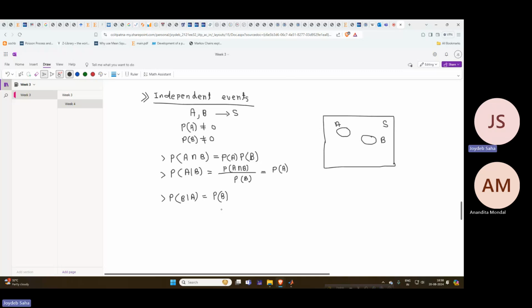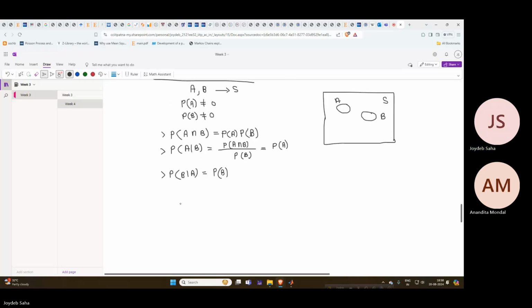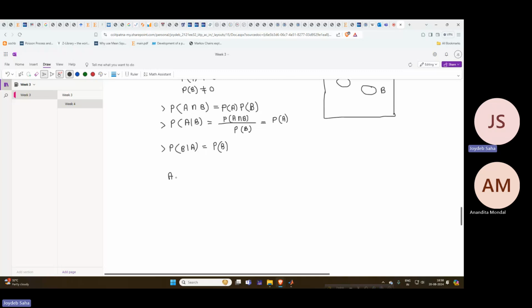Now if there are three events A, B and C, and we are saying that these are independent from each other, then what conditions will we get? If these are independent, let us write ID, which indicates independent.